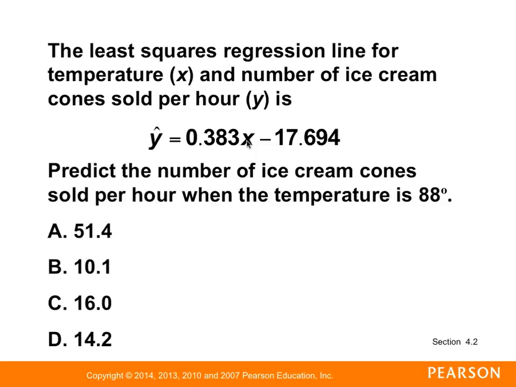If you plug 88 in for x, you're going to take 88 times your 0.383, and then subtract your 17.694, and you get 16. So when the temperature is 88 degrees outside, we expect to sell about 16 ice cream cones per hour.